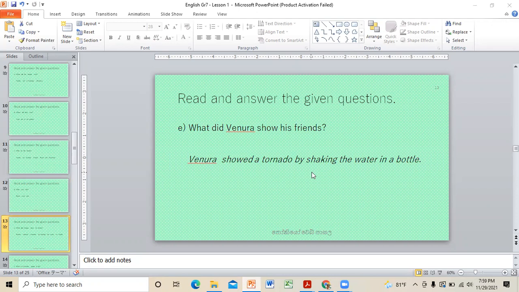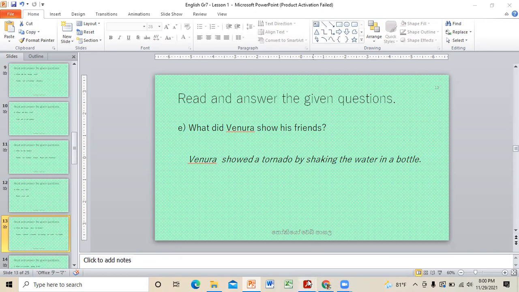So as Vitulya correctly said, you can use he showed as well, right? We are already talking about Venura, so you can either write Venura or else you can also say he showed a tornado by shaking the water in a bottle, right?